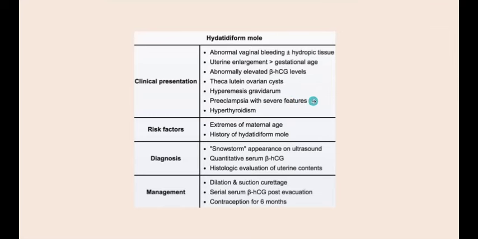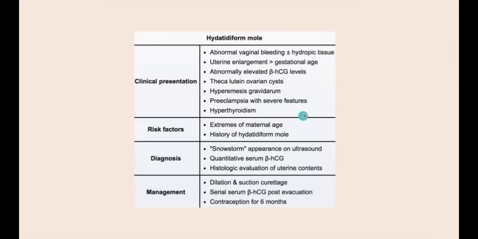With severe features, sometimes preeclampsia before 20 weeks can be associated with a molar pregnancy, and hyperthyroidism, just because the beta HCG has a similar mechanism to some of the thyroid hormones, and it's a molecularly very similar hormone. So you don't really need to know too much about that, but that's the link between thyroid disease and the beta HCG levels.